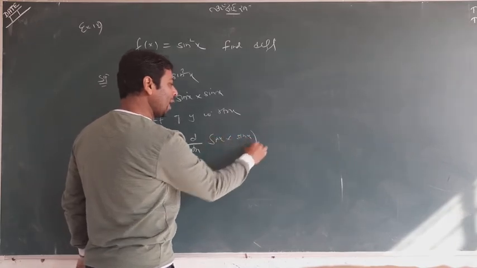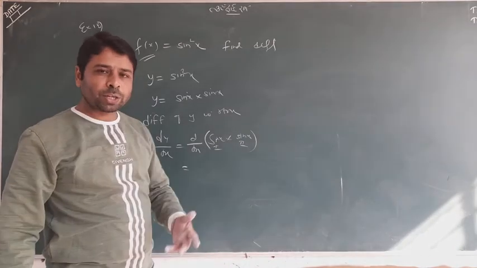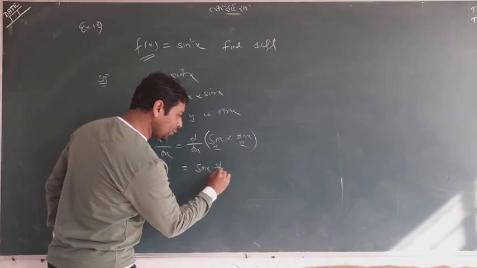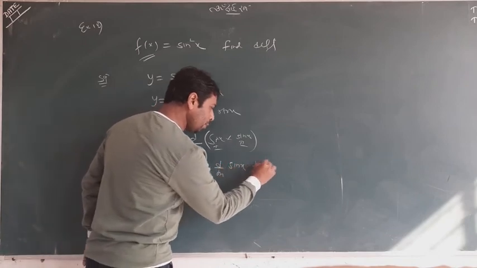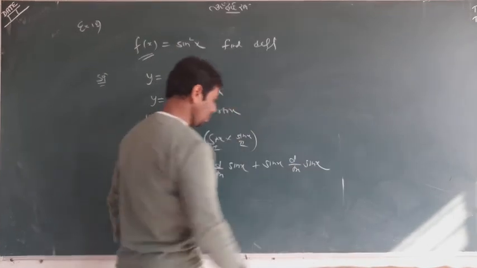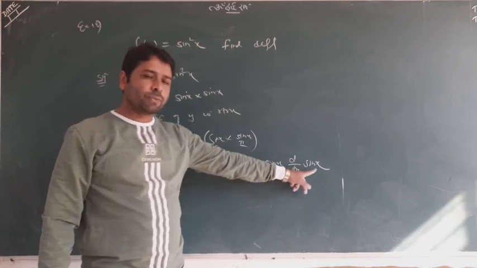And you know how to do this question. We have two functions in multiplication. First function as it is, differentiation of the second function, plus second function as it is, differentiation of the first function.